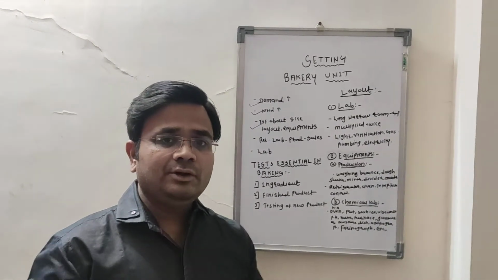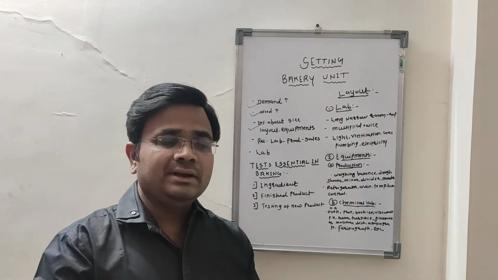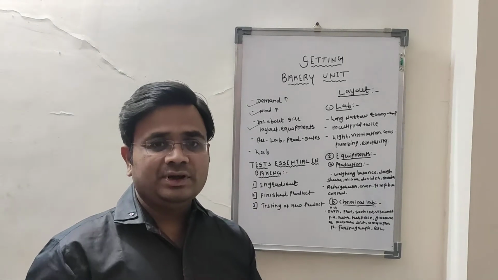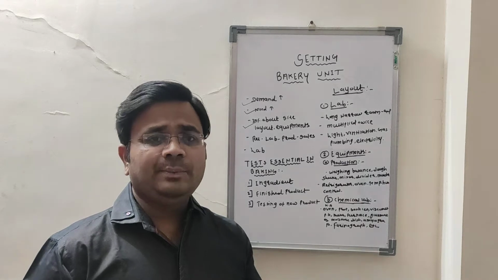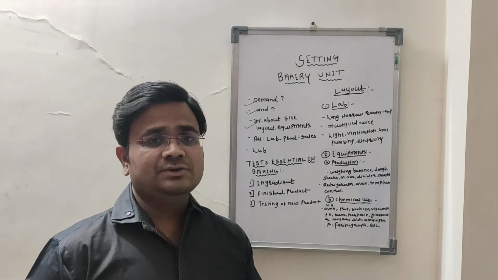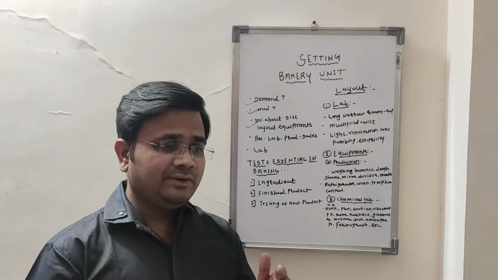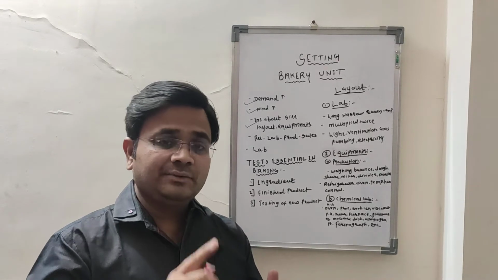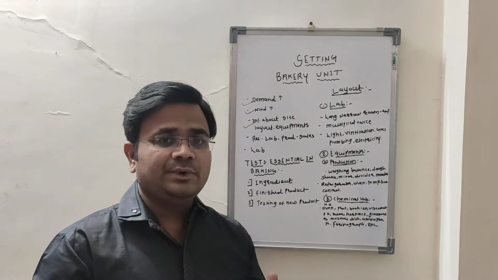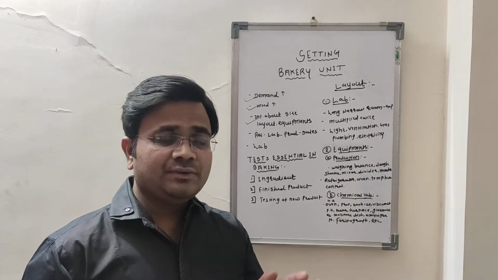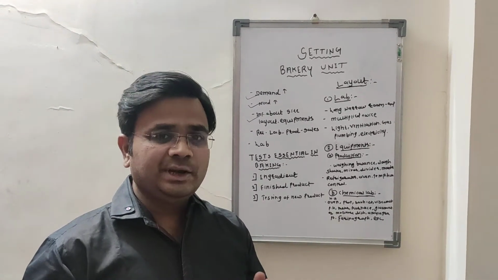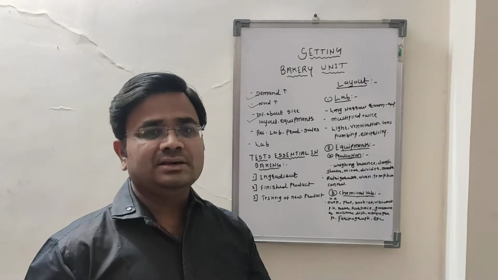Then you prepare the product and you have to monitor it online during production, checking the parameters. After that, the finished product is also judged in terms of quality by the QC department, or you may call it the QA department.